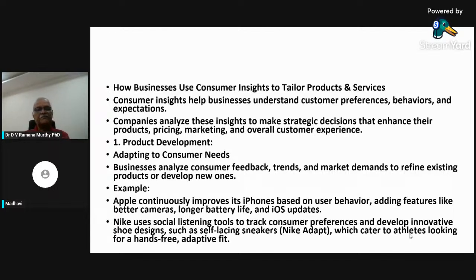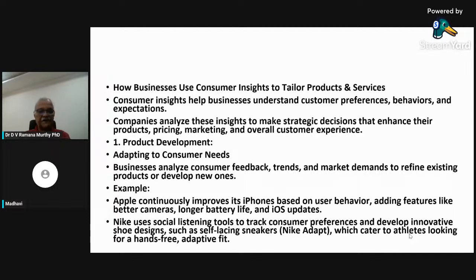Based on this, companies analyze these insights and then take a decision. These are called strategic decisions. What are the strategic decisions that they take based on data generated through market research? Products, pricing, marketing campaigns, and overall customer experience with that type of product. All this data will be generated through the market research exercise.